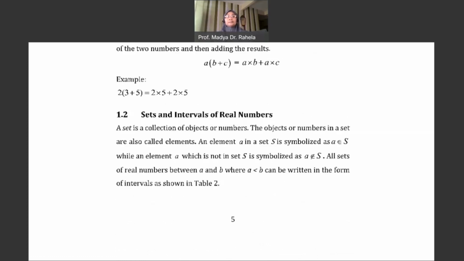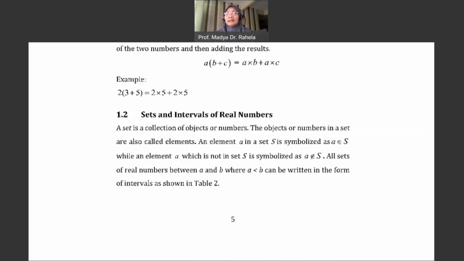Okay, next is sets and intervals of real numbers. Let's say S is the symbol of a set and A is an element inside the set S. The symbol ∈ here means element of.